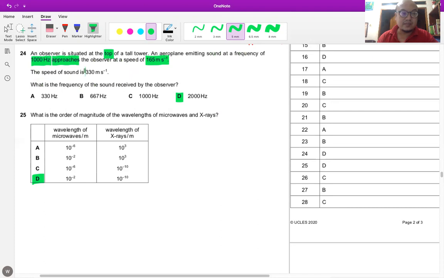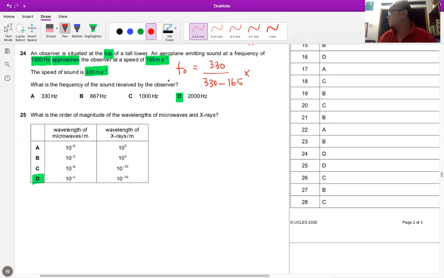The speed of sound is 330. For f observer, it is 330 divided by 330 minus 165, since the aeroplane approaches, and the frequency of this aeroplane is 1000.